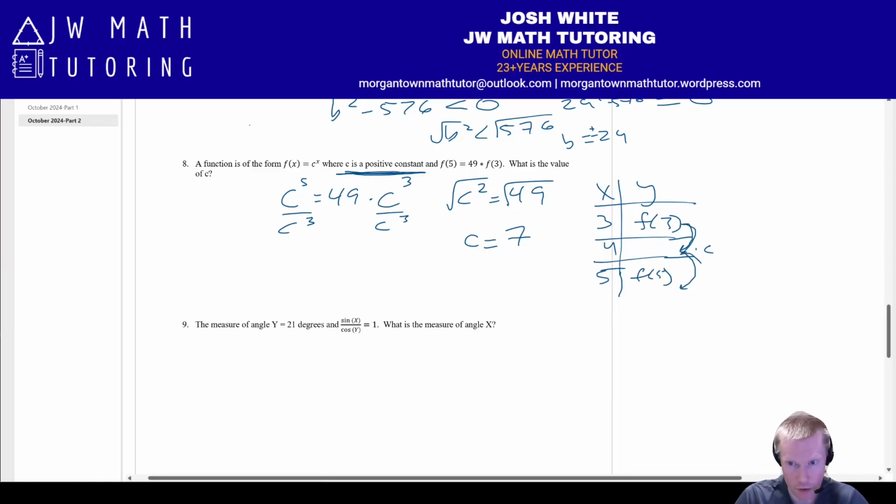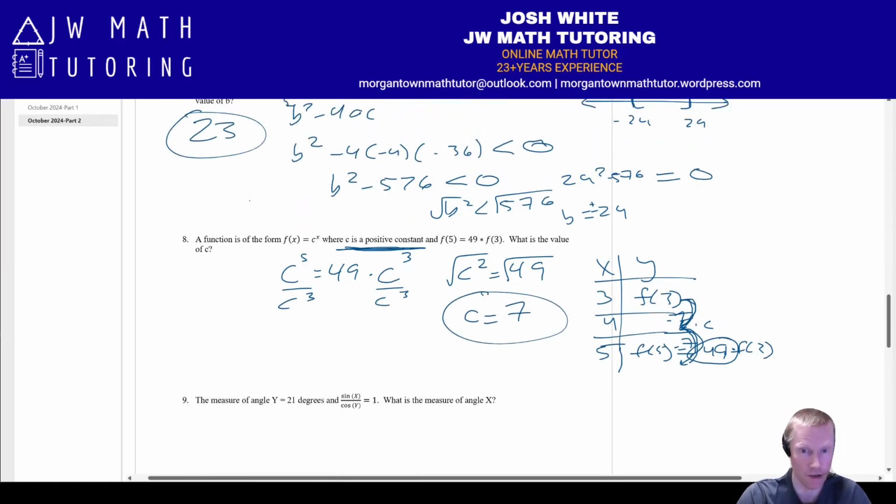So it's like, what number do you multiply by twice to end up with 49? Because you're starting with this and then you do it once and twice and you get the 49 in front. Well, 7 times 7. So that's just an alternate way to think about it, but the correct answer for this, c, is positive 7.